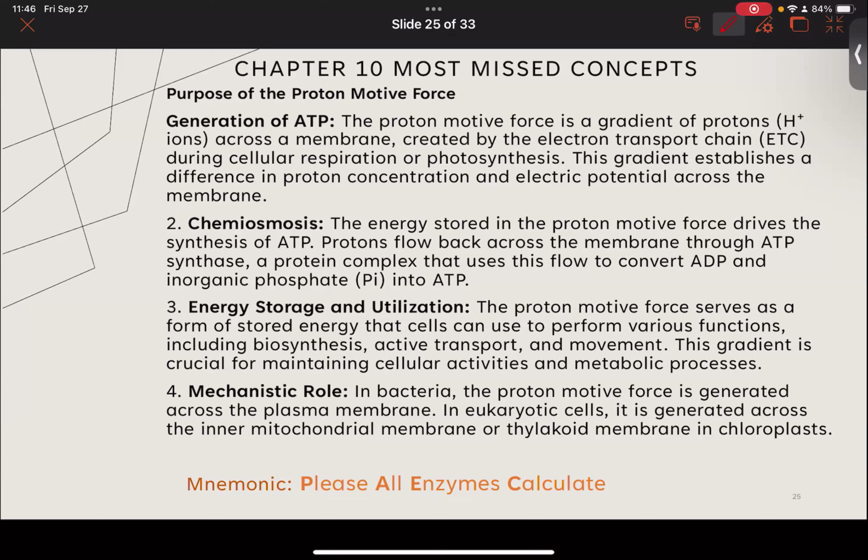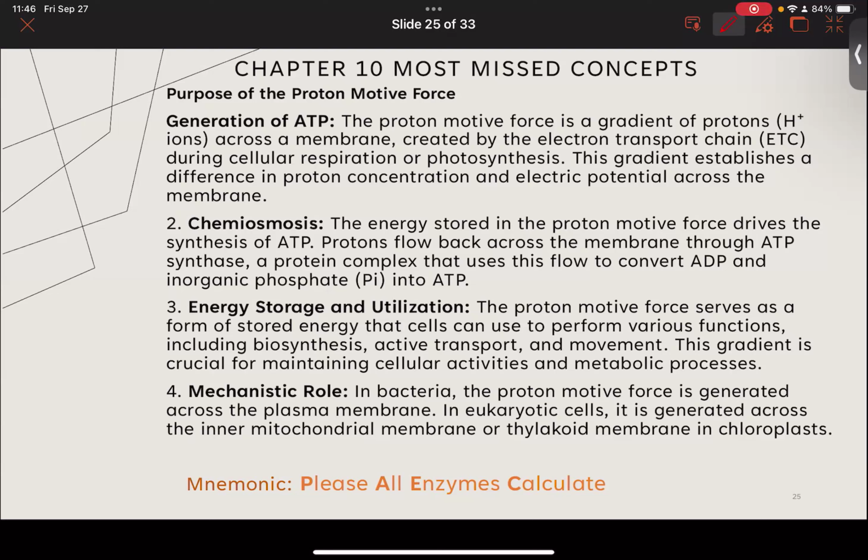In bacteria, the proton gradient is generated across the plasma membrane. Okay, we already talked about this. If I were to ask you where the proton motive force is generated, you should be able to tell me that in bacteria, it is generated across the cytoplasmic or plasma membrane, the inner membrane, right?